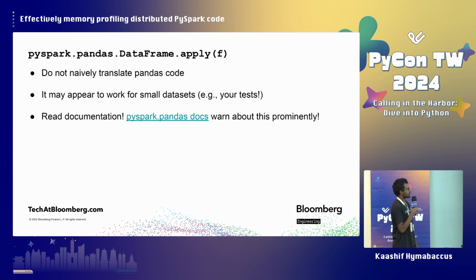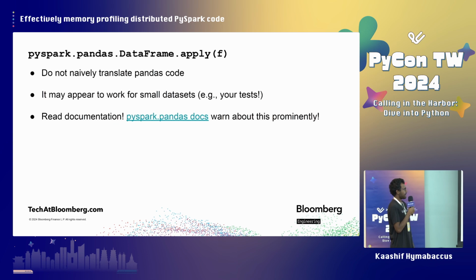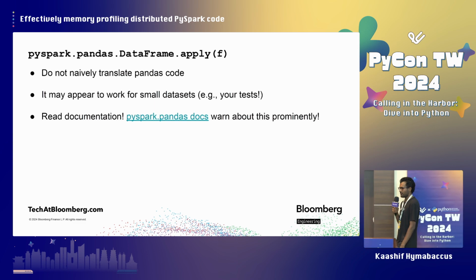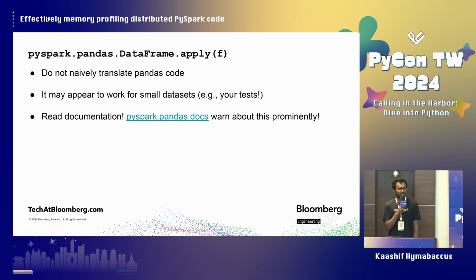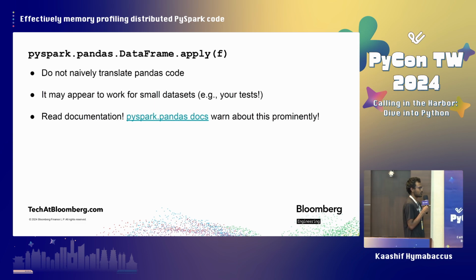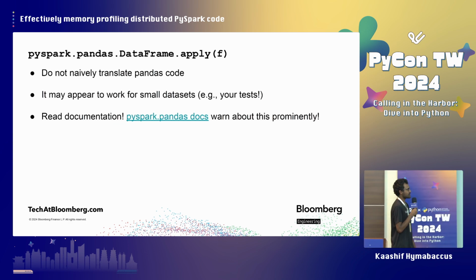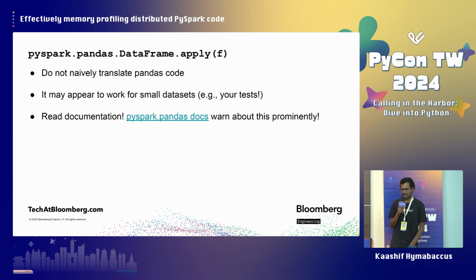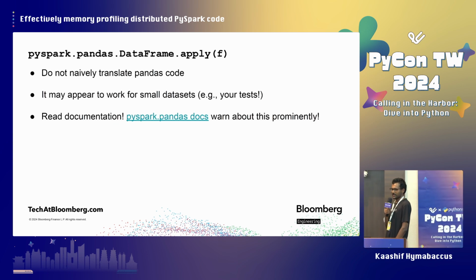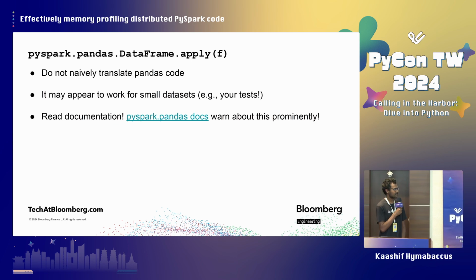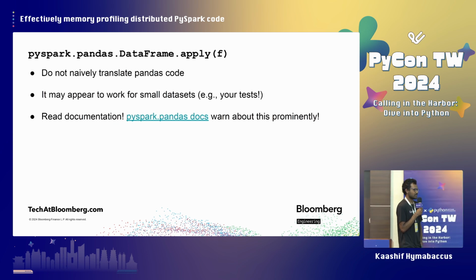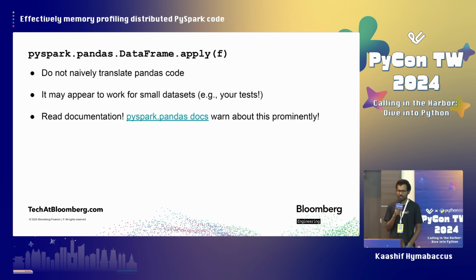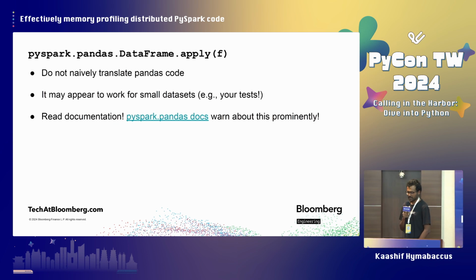When you naively translate your pandas code for your small data sets, so if you have a test with 5 rows in it, for example, this will work the same. You'll get your one sum or your one average or whatever, and you won't notice. So in your tests, your test may pass, and you'll be like, yes, my find and replace migration from pandas to PySpark worked correctly. But that is not the case. When you scale that up, you'll get something weird going on, as you saw on the previous slide.